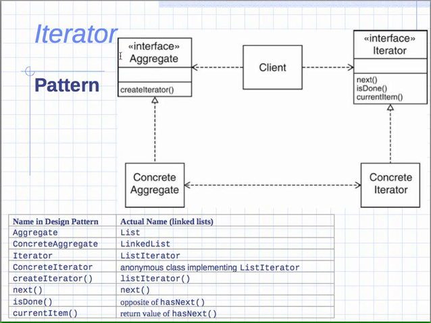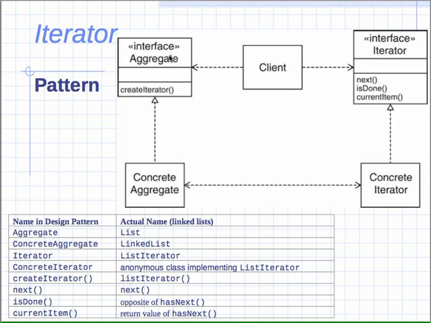In Java, that would be the java.util.List interface, and that's the way the client will interact with any kind of class that implements this interface. For example, a concrete aggregate. A concrete aggregate could be linked list or array list, or, what is another one? Vector. I guess vector would be another, just like array list.